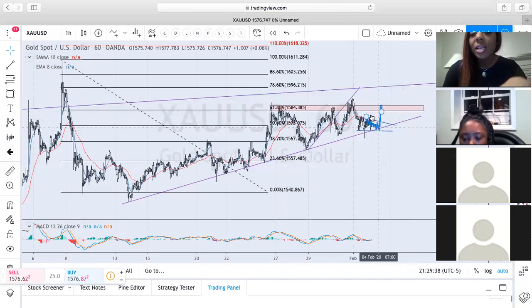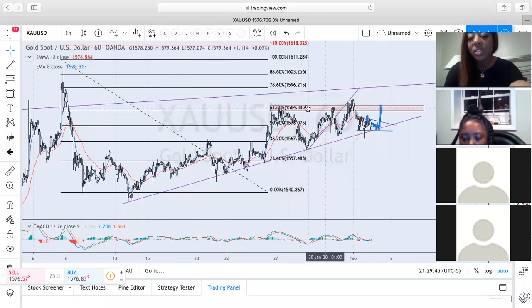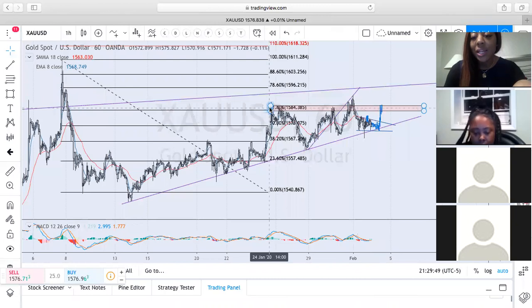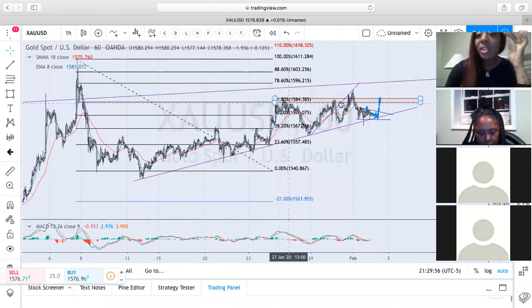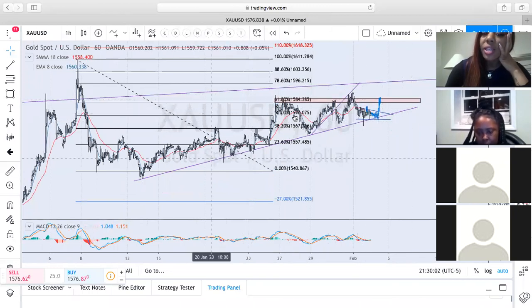So this is already boxing off. This whole area here has been respected since, so what's today? The 3rd. So for the past 2 weeks, this area has been respected, right? So if this continues higher here, literally this formation movement is the same formation movement that has been occurring.